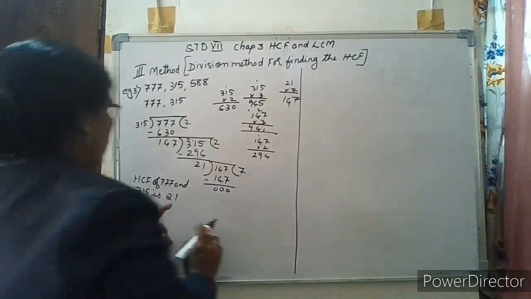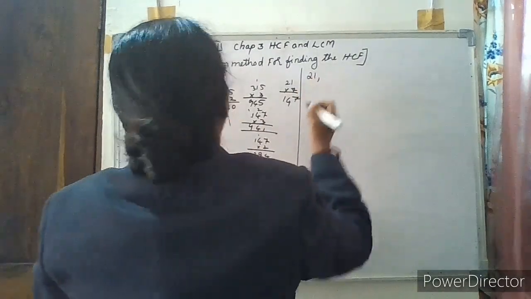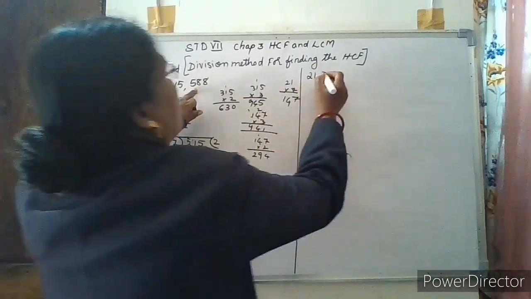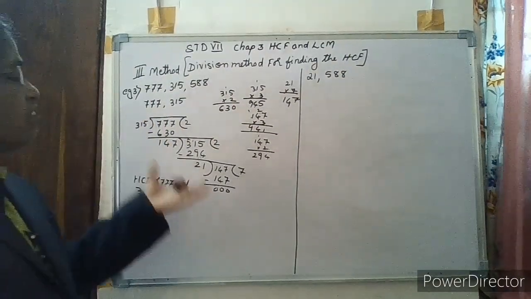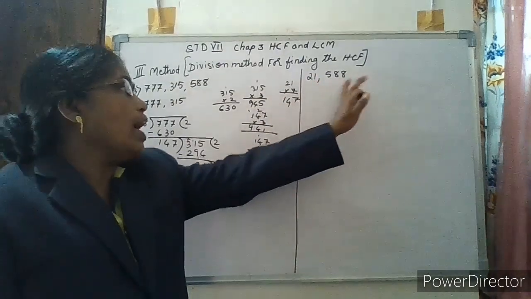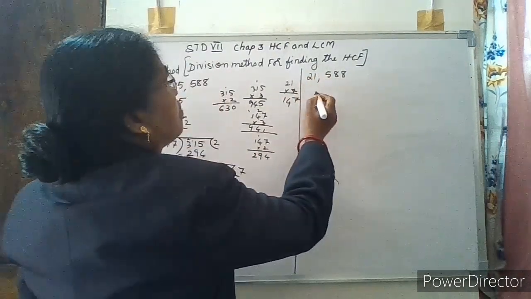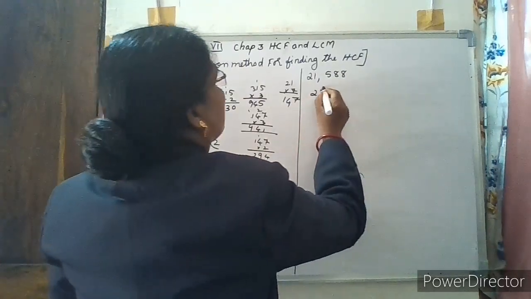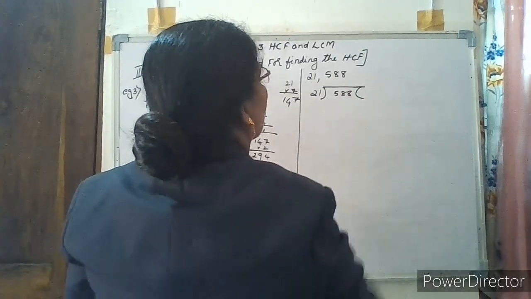So take this HCF 21 and the third number 588. Follow the same method, find out HCF for these two numbers. So naturally here 21 is smaller. So this will become the divisor and 588 is the dividend.